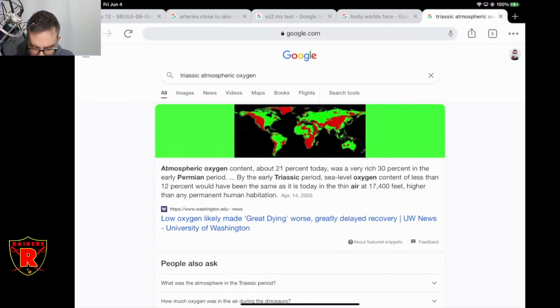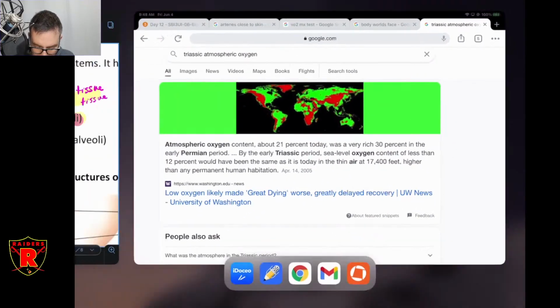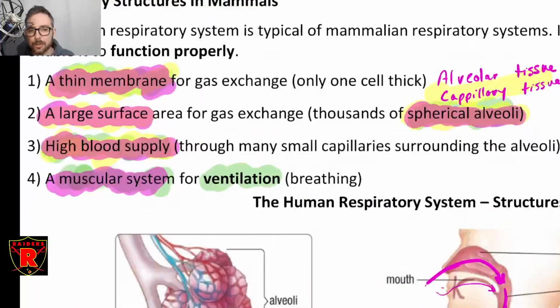Oh, Triassic is later. So there was actually less oxygen during the Triassic. During the Permian, though, it was 30%. Interesting. So 30% is a lot higher.